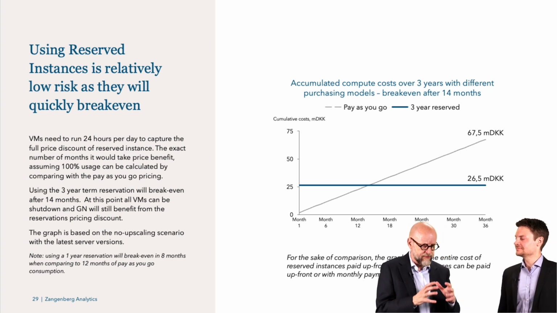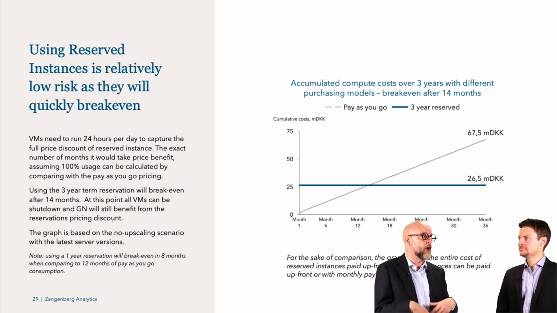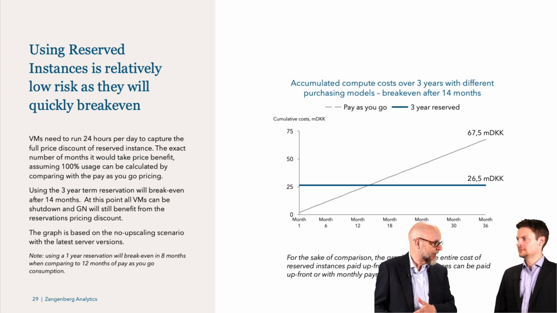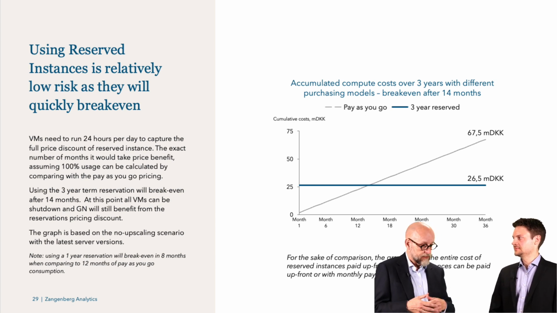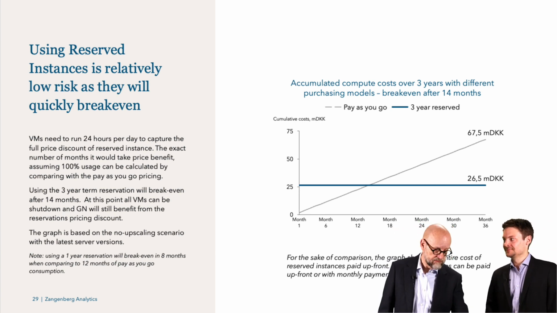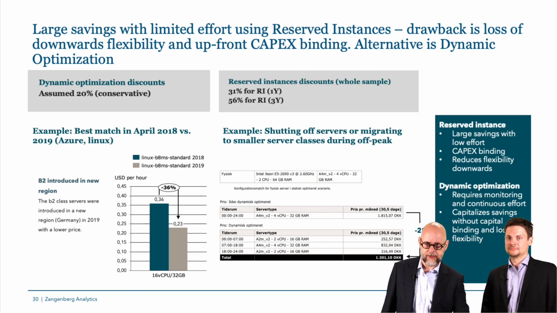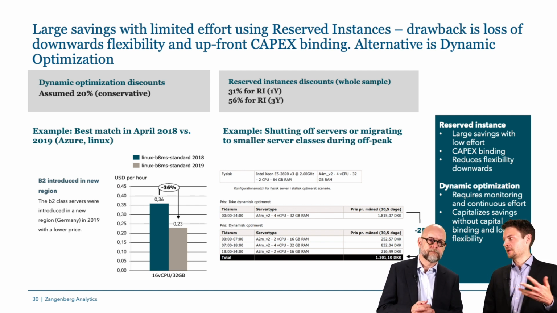So if you have a reserved instance of a VM, and you need to upgrade it to a larger VM, then you basically need to pay for a new machine, because it is a reserved instance by name. So the flexibility can be worth a lot of money actually. Yes. And that brings us back to savings plans as mentioned earlier.